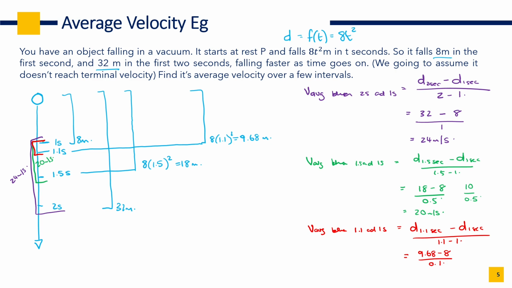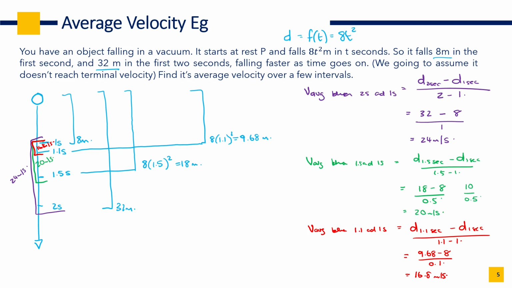And if we do the math on this, it's 16.8 meters per second. So between 1.1 and 1, the average velocity is 16.8 meters per second.